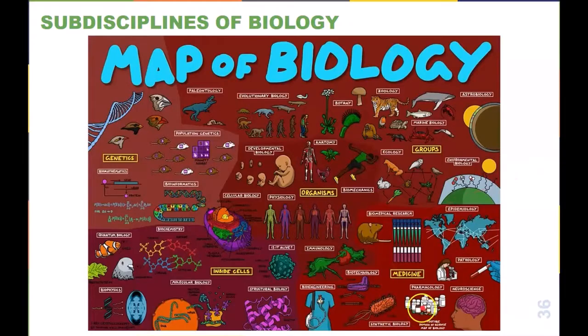So pharmacology, neuroscience, if you can see that down there, and pathology and epidemiology and biomedical research, and even these ones here, biotechnology, synthetic biology, bioengineering, immunology, all of these are very large and they are growing right now. So those would be good things to go into if you were interested in a career in biology.